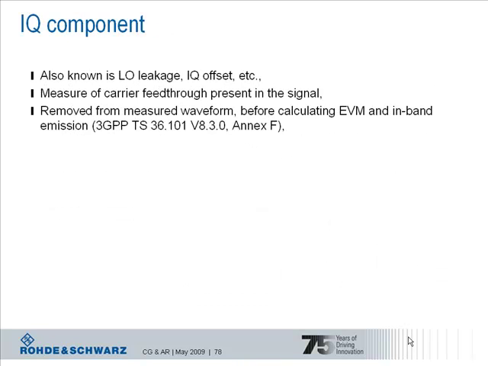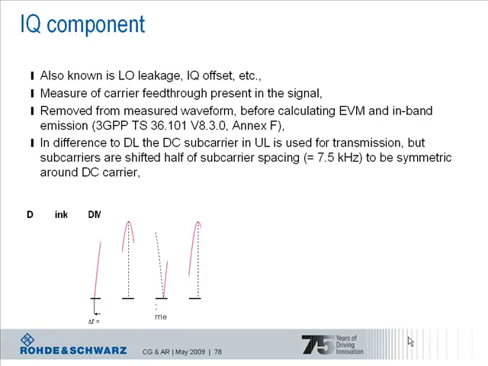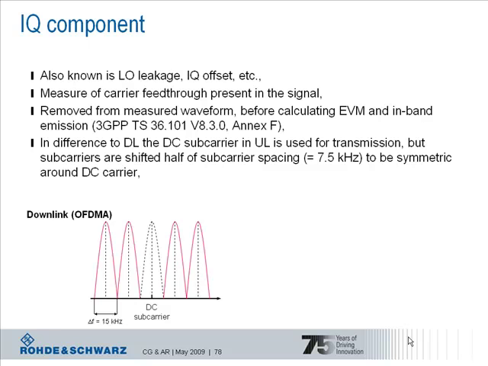The IQ component measurement, which I already mentioned, is also known as LO leakage or IQ offset. It's a measure of the carrier feed-through present in the signal. In contrast to the downlink, where we do not use the DC subcarrier, in uplink all subcarriers are used for transmission.